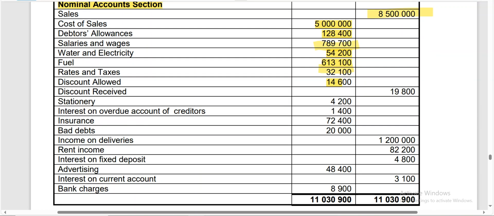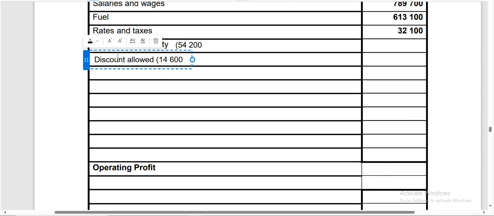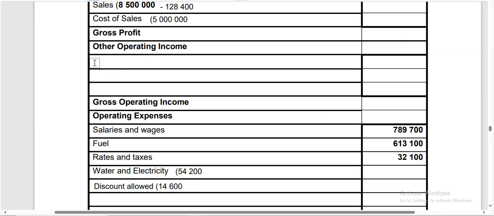And then from there, we are going to go to our information. We have our discount received 19,800. So our discount received will be part of our operating income. So I'm going to put it here. Discount received 19,800.